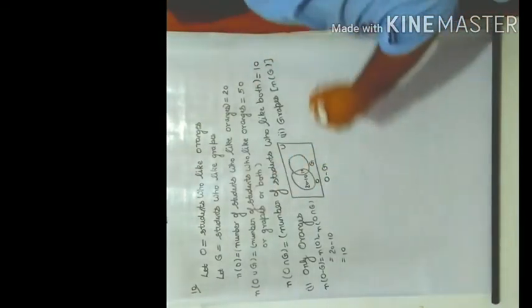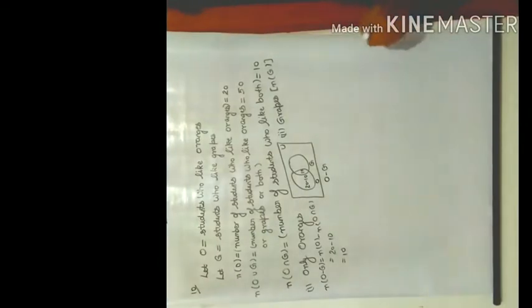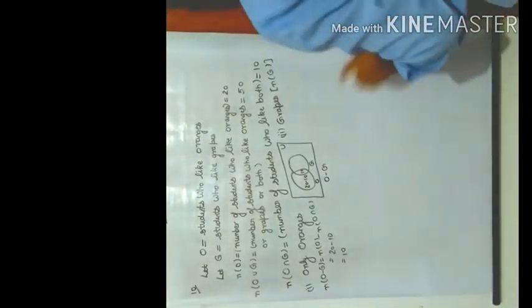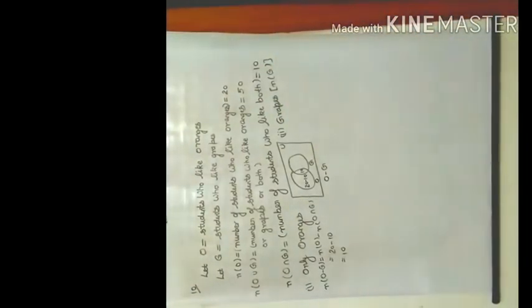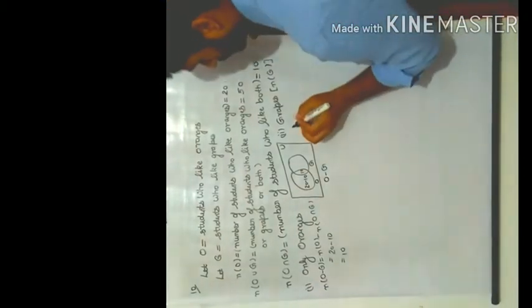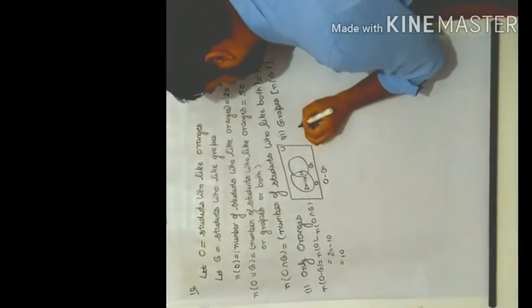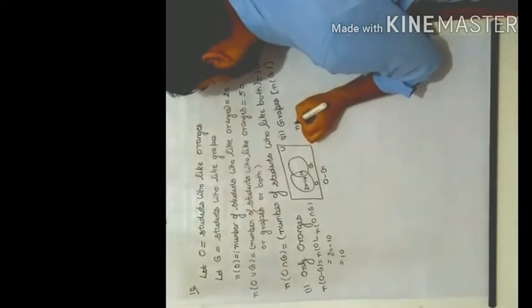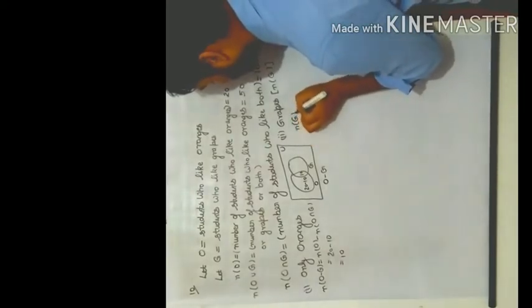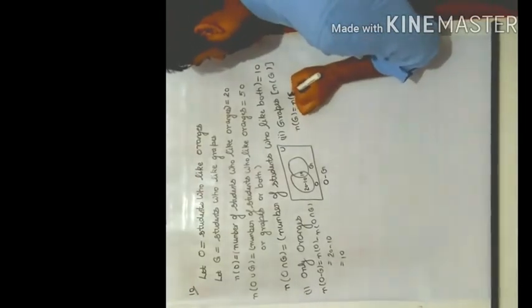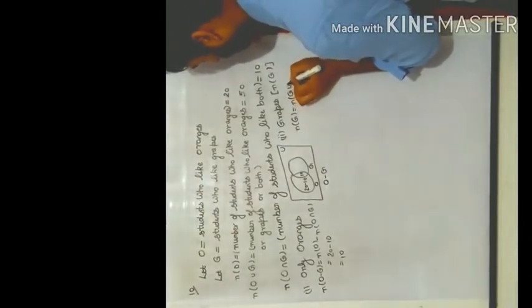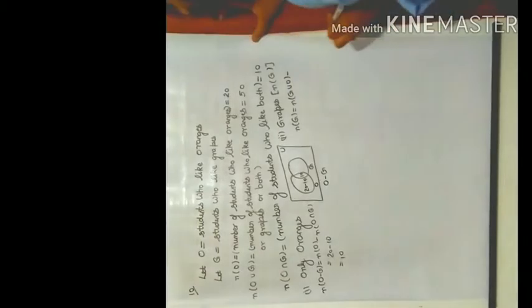Now, so for grapes, what do you find out? Grapes will be, so we will write it here. N of G will be equal to N of G union O or O union G minus. What to subtract?